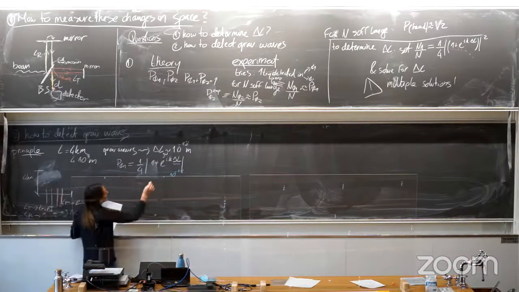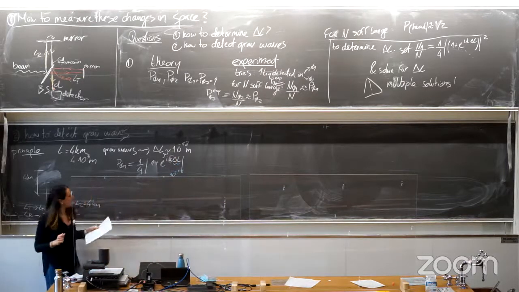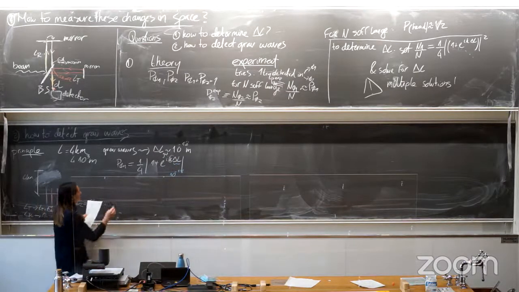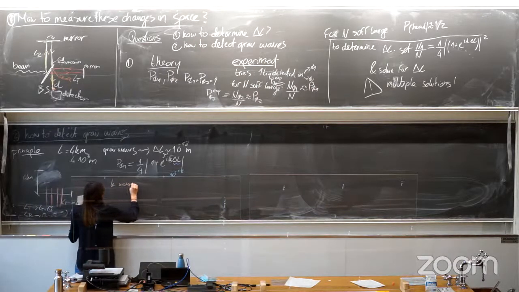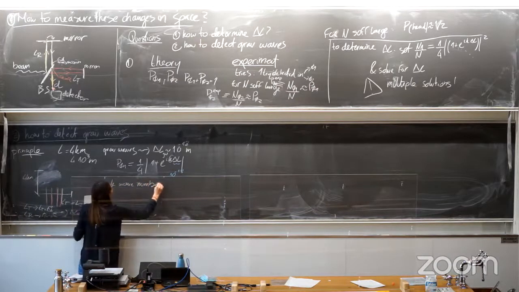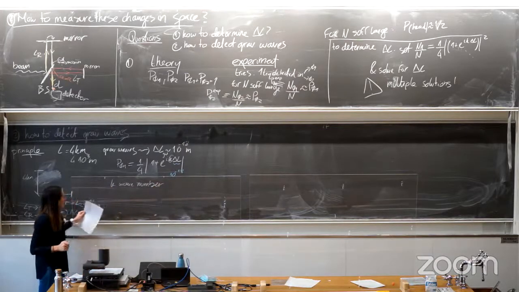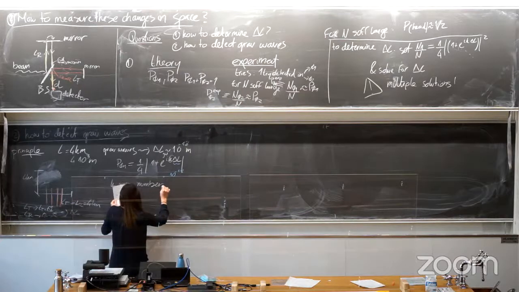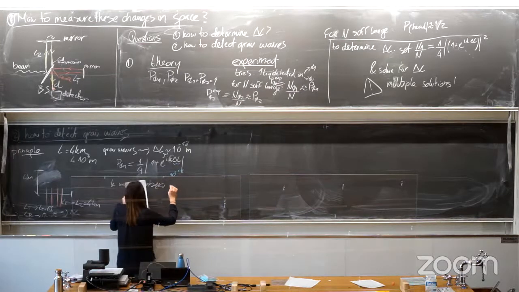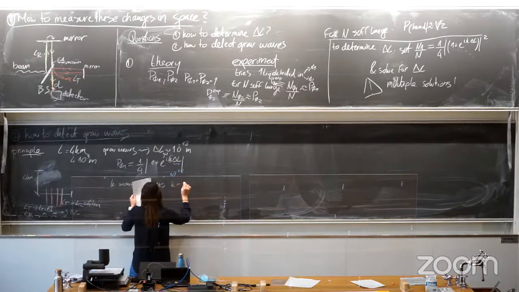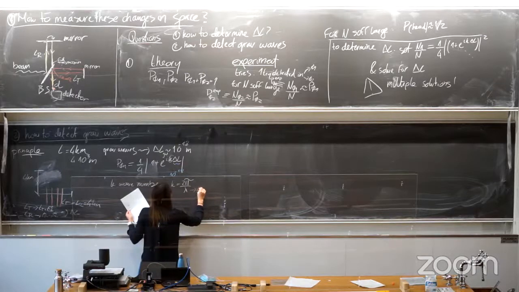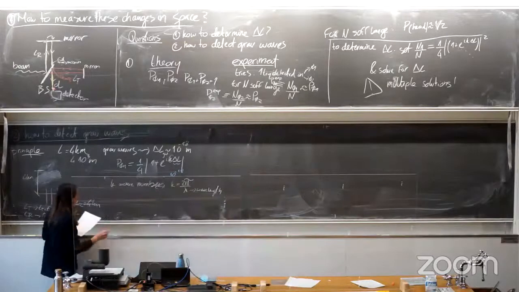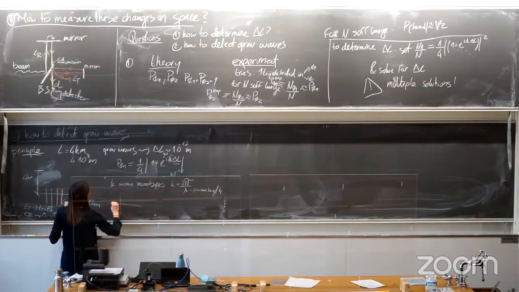Now, what is k? Because this is what it's multiplied by. k is our wave number, and it relates to the wavelength as k equal to 2π divided by lambda, where lambda is the wavelength. If we have the probability amplitude of our wave, this is lambda.